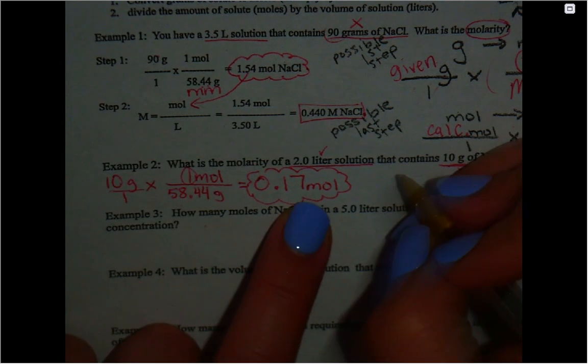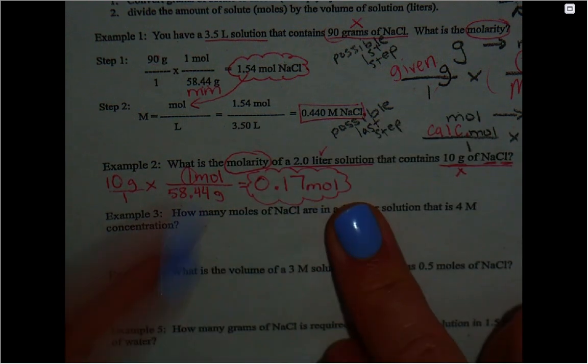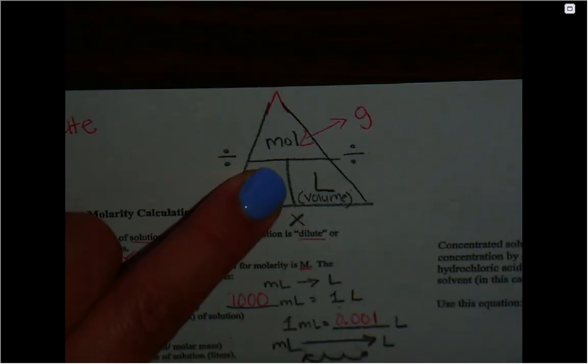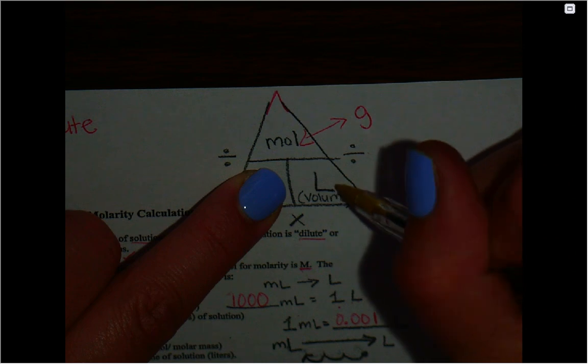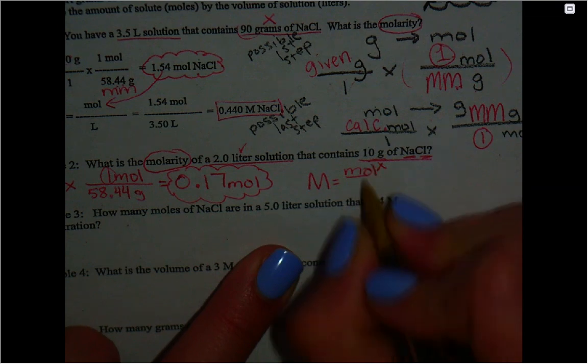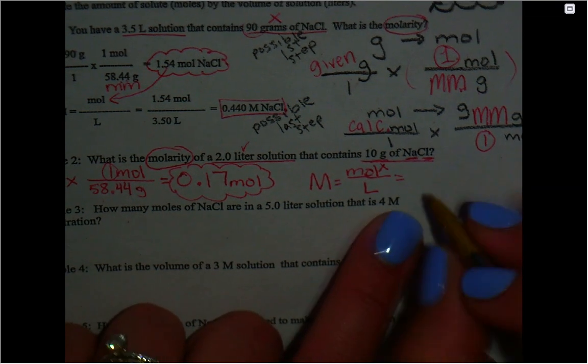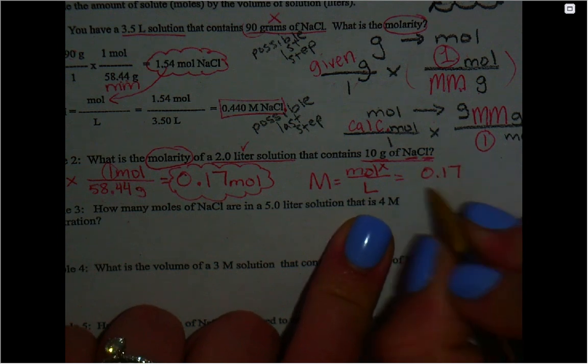So you put moles, and we're solving for molarity. I didn't even circle it. All right, so we're solving for molarity. Looking at our triangle, we're solving for big M, moles divided by liters. So big M is equal to moles over liters. When I plug that in, I have 0.17 divided by 2.0.